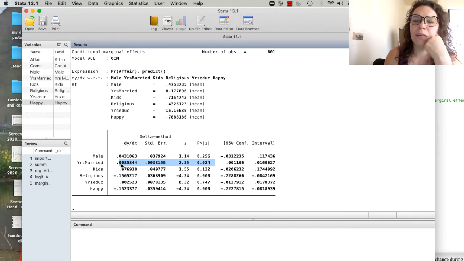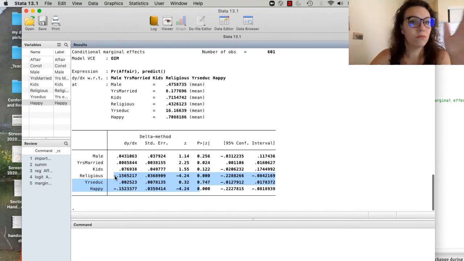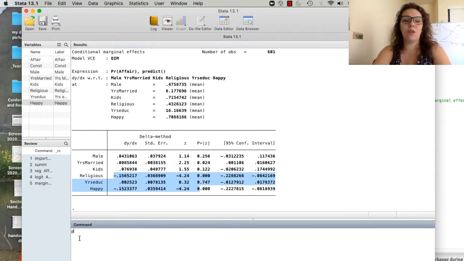Or by 8%, but that's not a great measure. So what we really come out with here is that the factors that affect the probability that a person has an affair tend to be religiosity and whether they consider their marriage happy or not. Make sense?